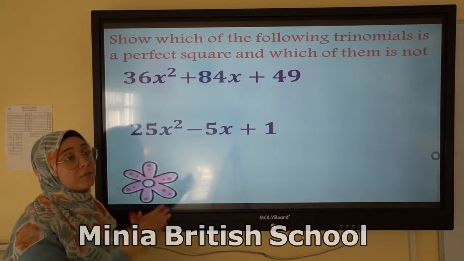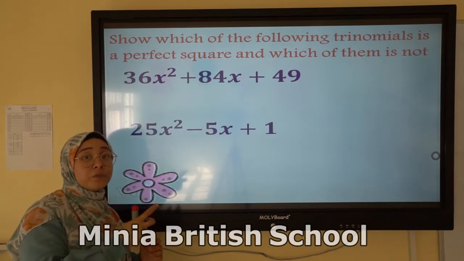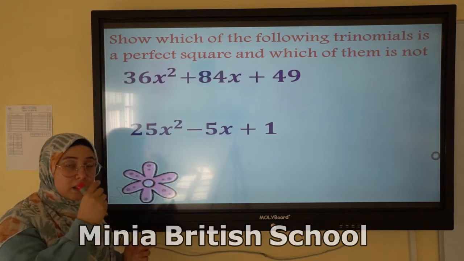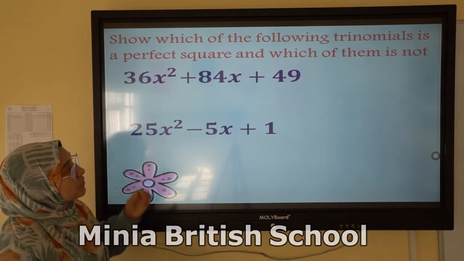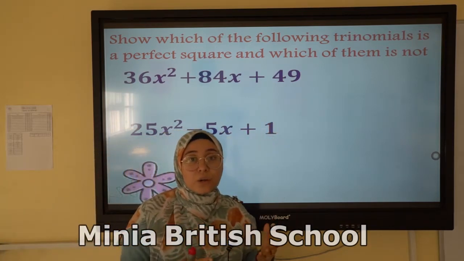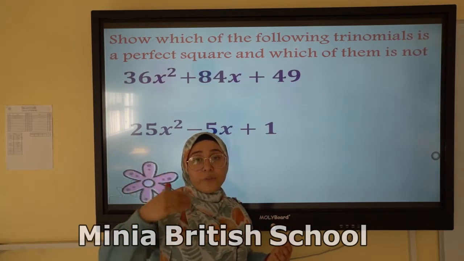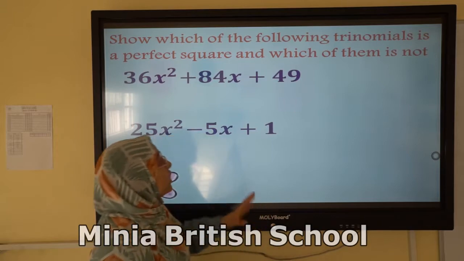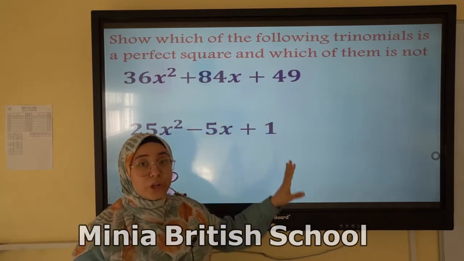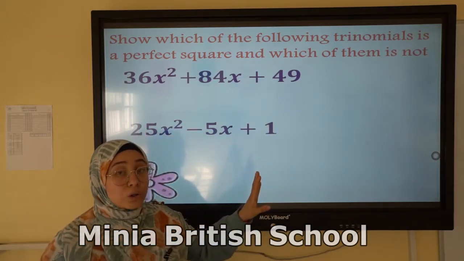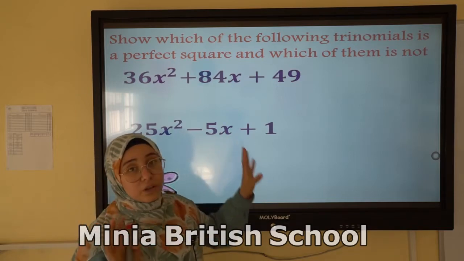So 36x power 2 is a perfect square, and it's also positive. And here in the third term, 49. Yes, it's a perfect square, 7 power 2 equals 49, and it is also positive.